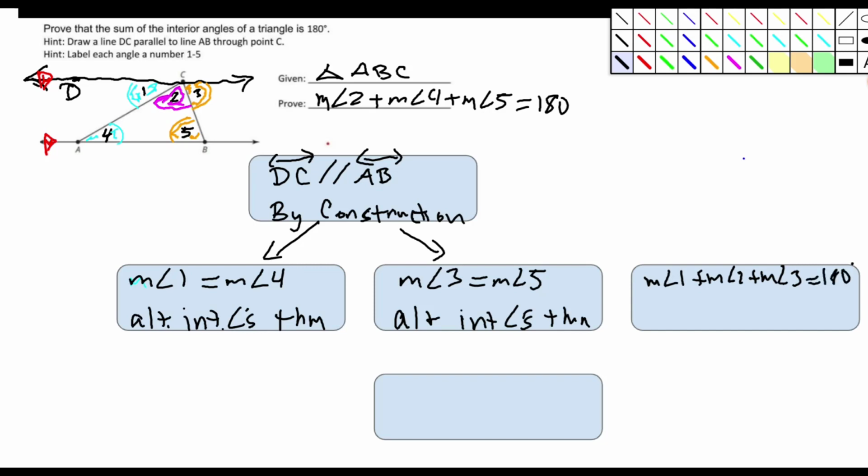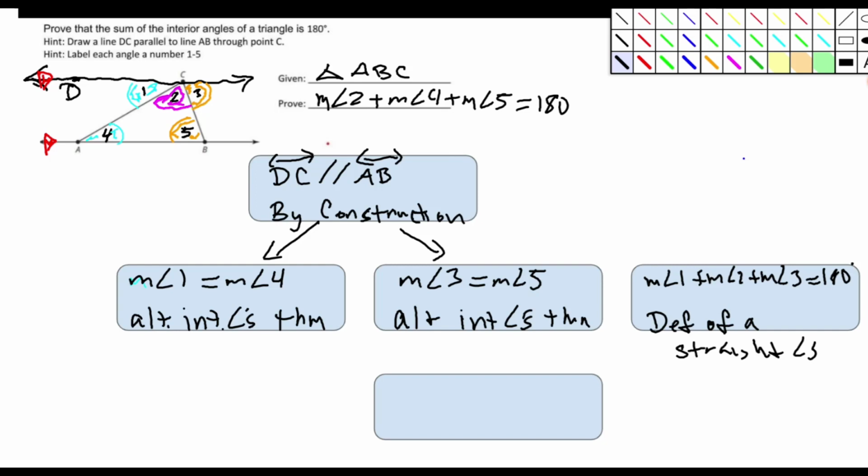You should know that already because those three angles make a straight line. So we're going to say a reason for this. How do we know that those add up to 180? Let's say definition of a straight angle. They complete a line, but again, it's not a pair. So definition of a straight angle.